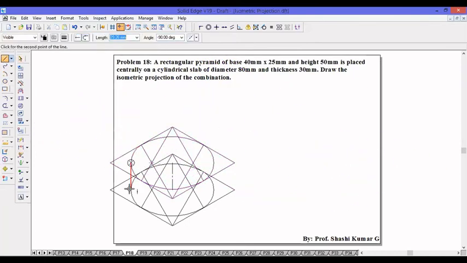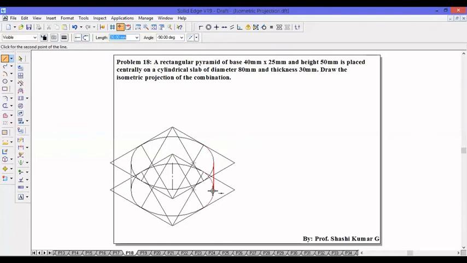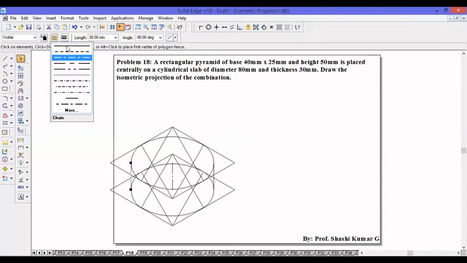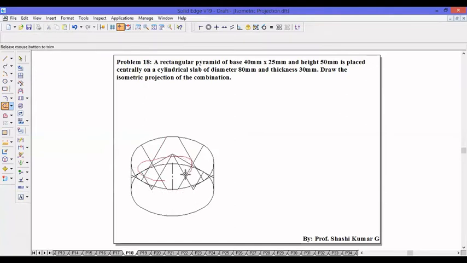Draw a tangent line. The line should be a continuous line. This line also a continuous line. Trim the unwanted edges here, but don't trim the arc that you constructed. Just trim the construction edges.